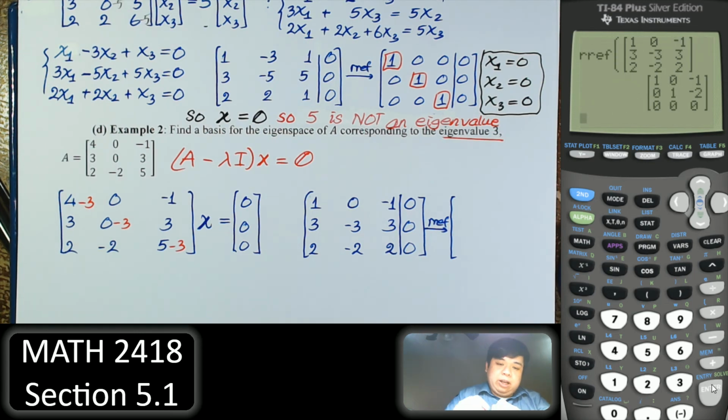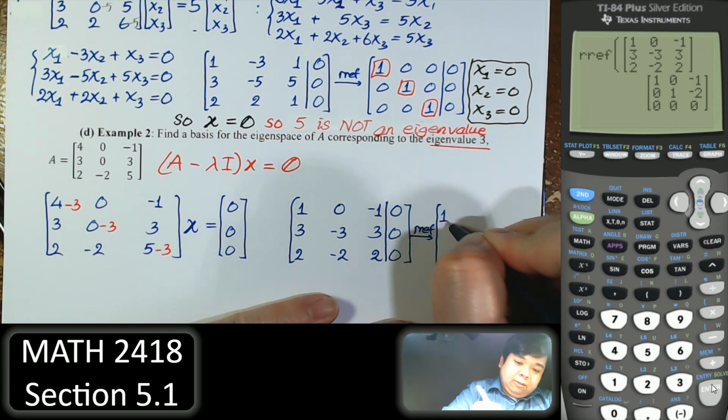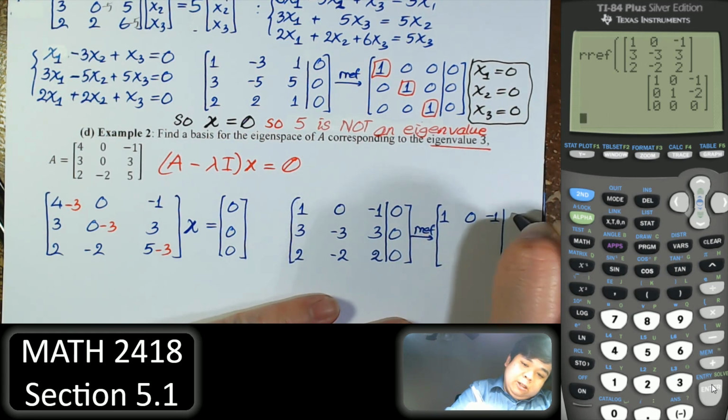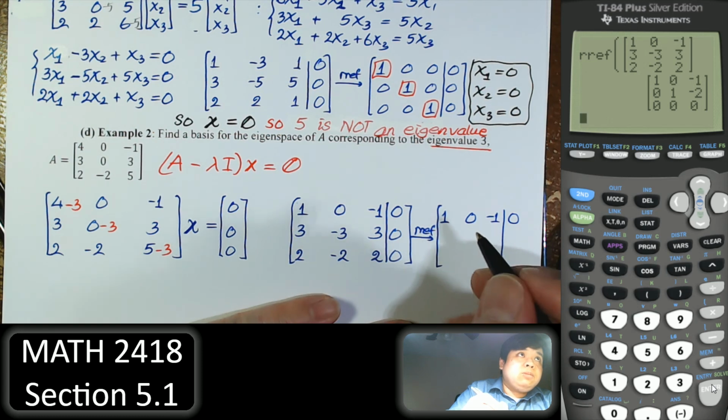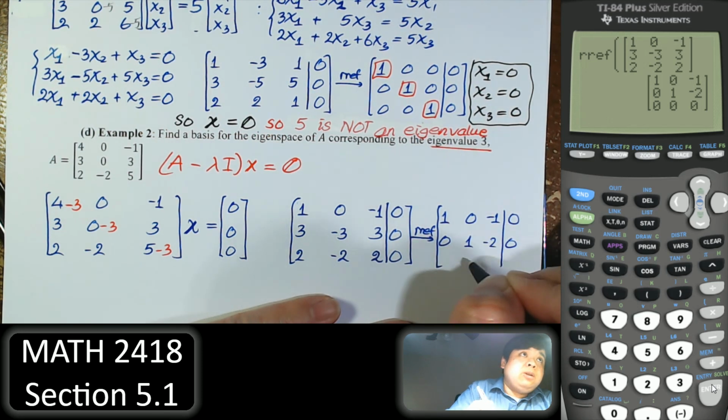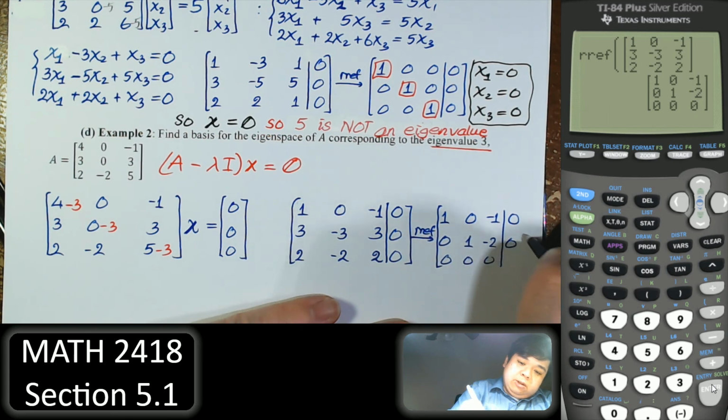Right, so that's what we have: 1, 0, negative 1, then 0, 1, negative 2, and 0, 0, 0.